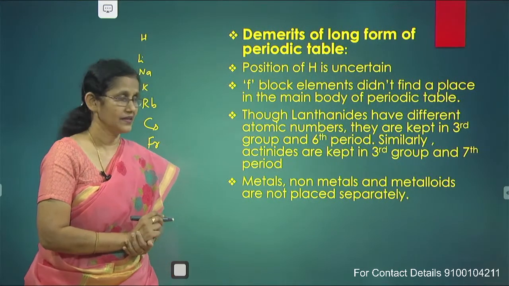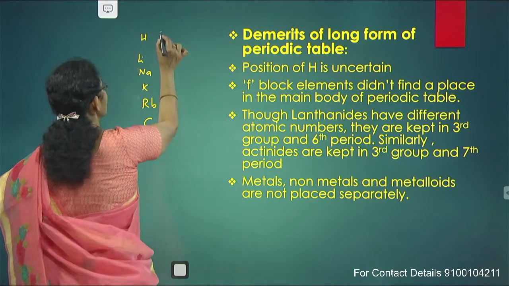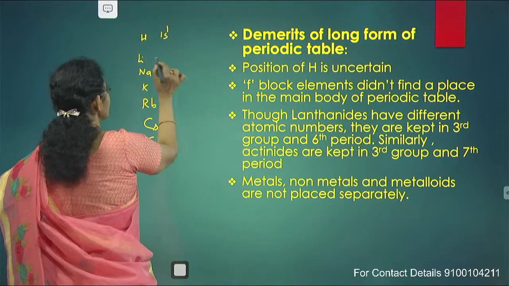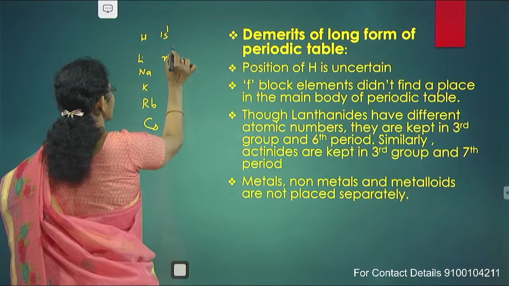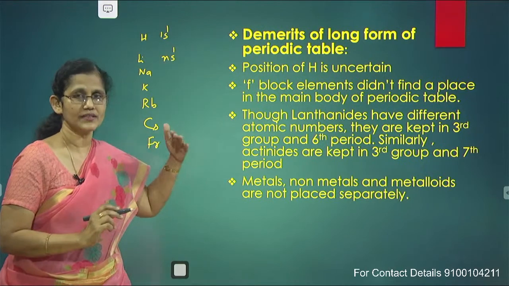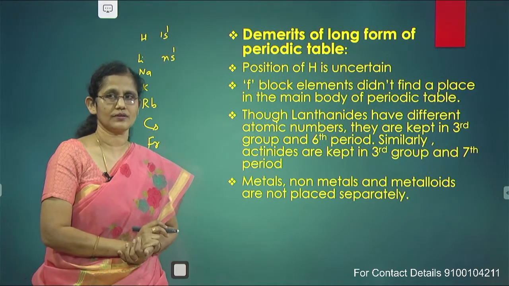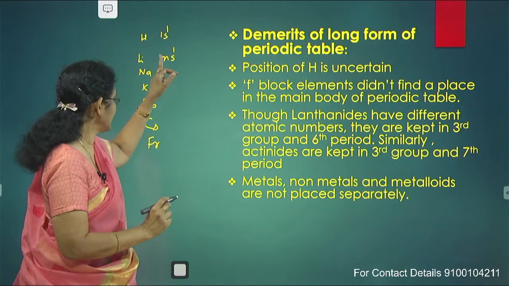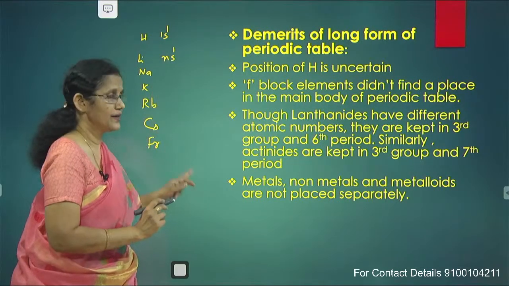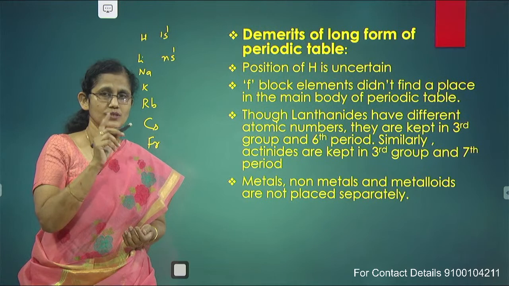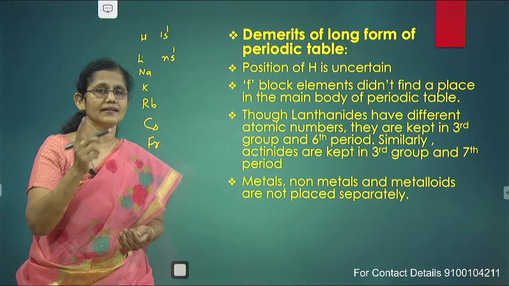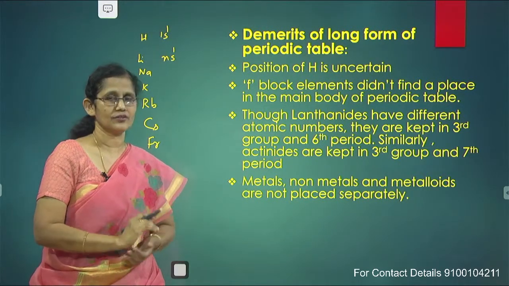For example, hydrogen has 1s1, just like alkali metals: ns1, 2s1, 3s1, 4s1, it goes on. Similarly, when I take 1A group elements, they can lose one electron to attain stable inert gas configuration.